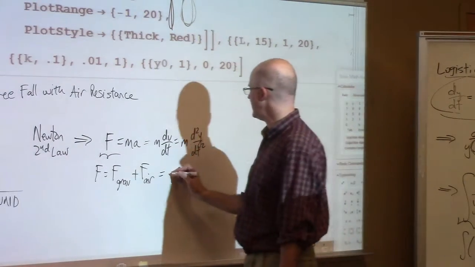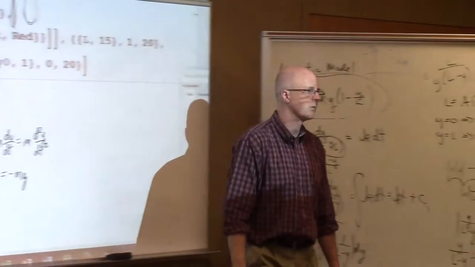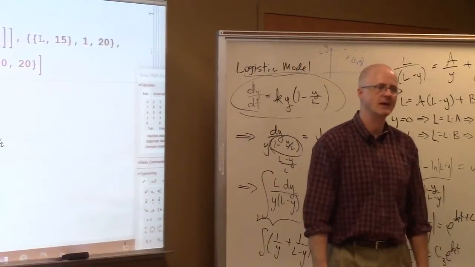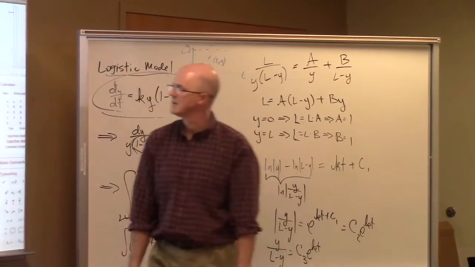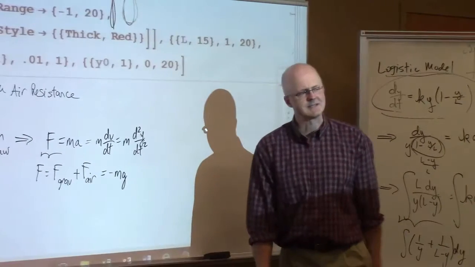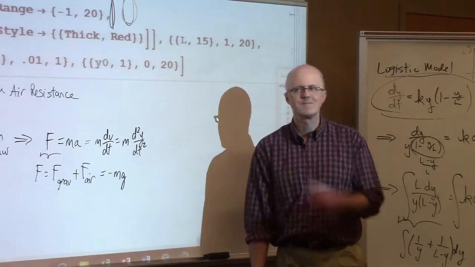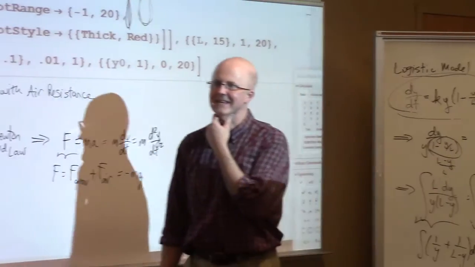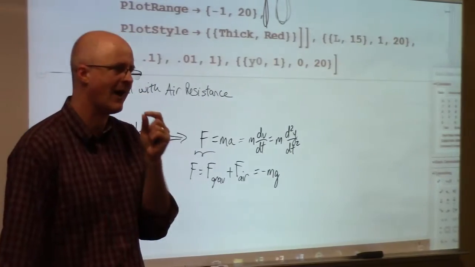Force due to gravity is negative m times g, where g is the acceleration due to gravity, about 9.8 meters per second squared, and m is the mass of the object. What about air resistance? Does that have a positive or negative sign? Well, it ends up having a negative sign, but you gotta make sure you get the right quantity in here.